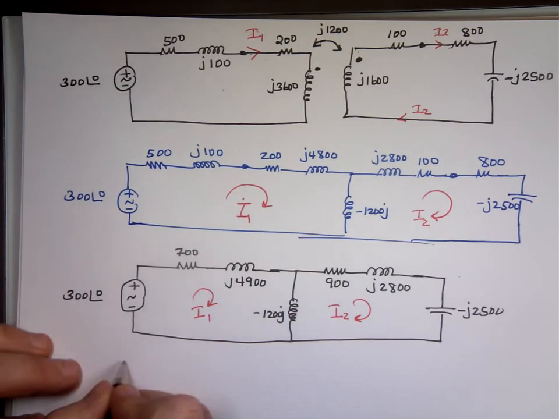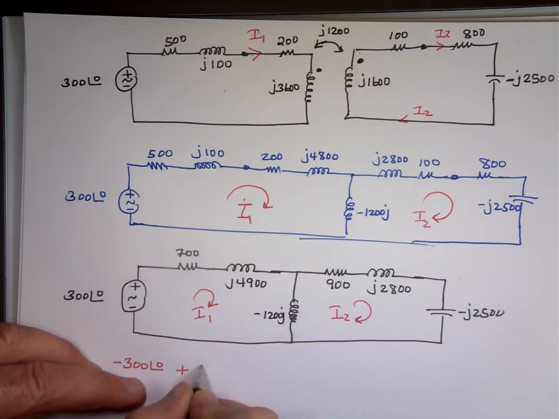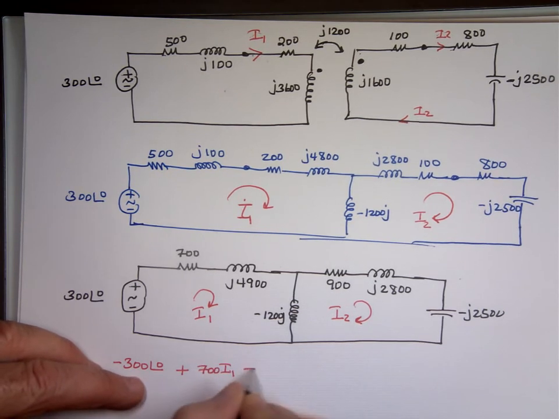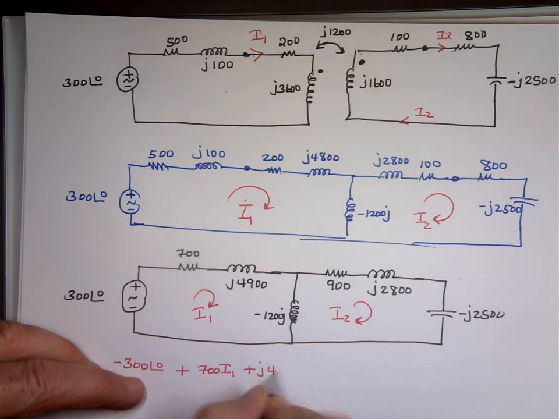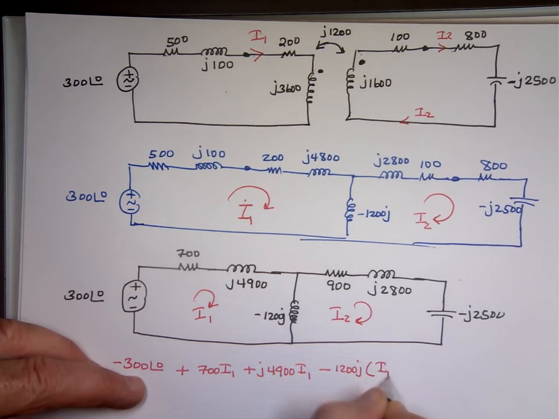So negative 300 angle 0 plus 700 I sub 1 plus j 4900 I sub 1 minus 1200 j, the current down I sub 1 minus I sub 2.